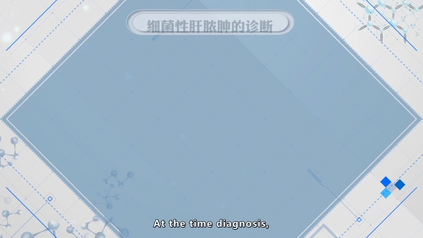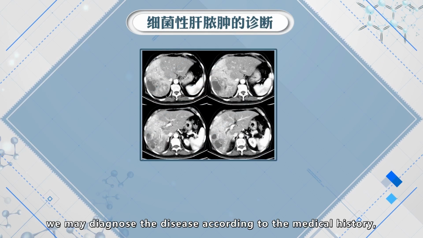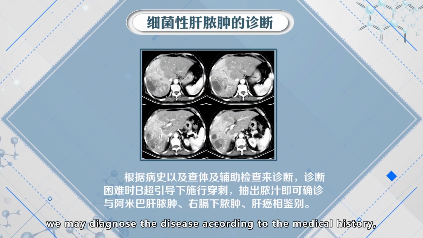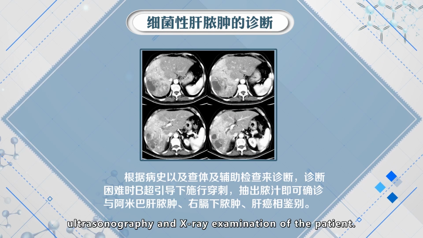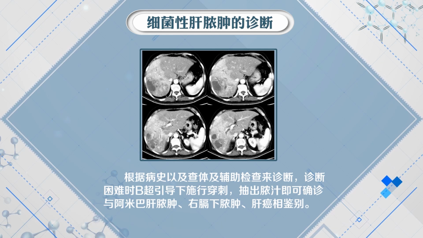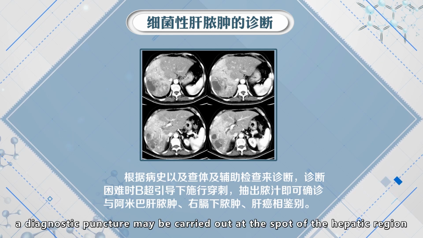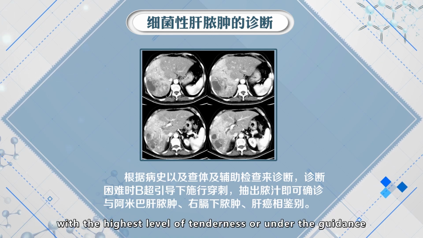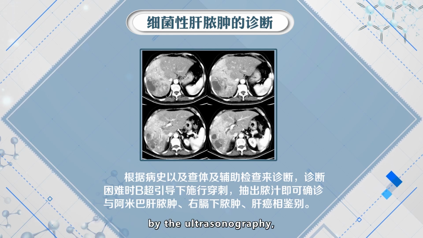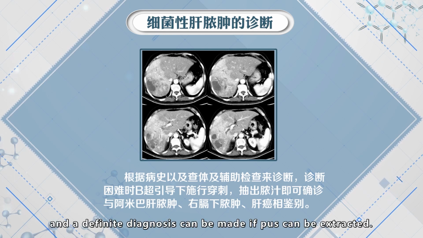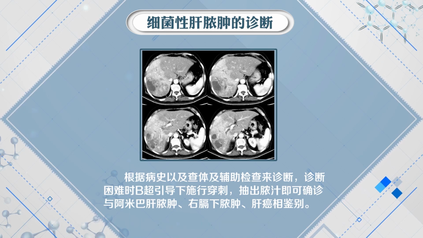At the time of diagnosis, we may diagnose the disease according to the medical history, clinical manifestations, ultrasonography, and X-ray examination of the patient. When necessary, a diagnostic puncture may be carried out at the spot of the hepatic region with the highest level of tenderness or under the guidance of the ultrasonography, and the definite diagnosis can be made if pus can be extracted.